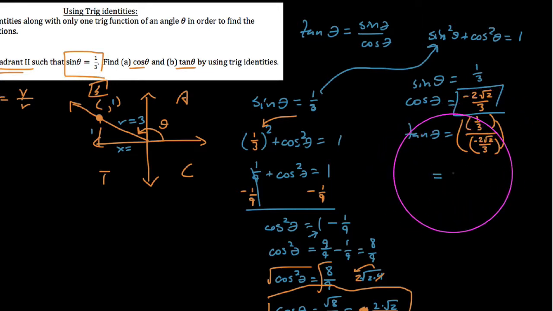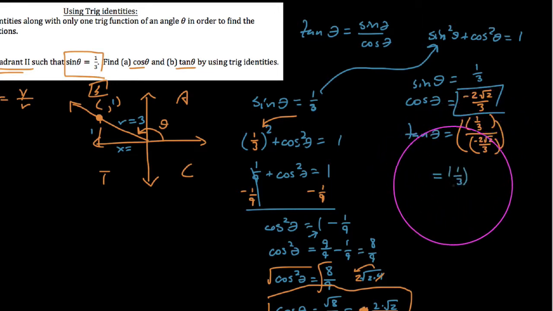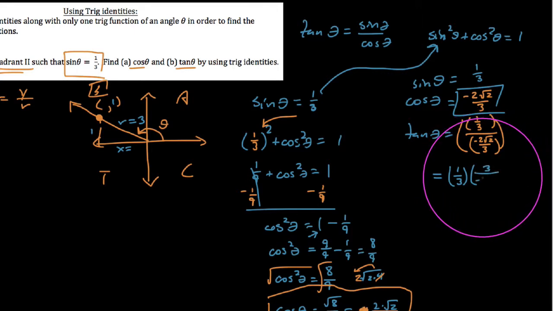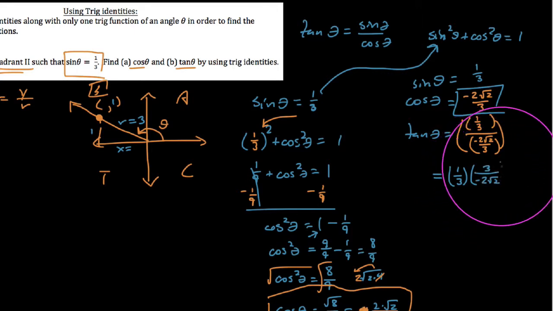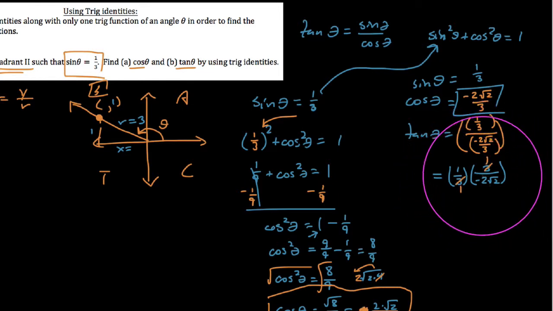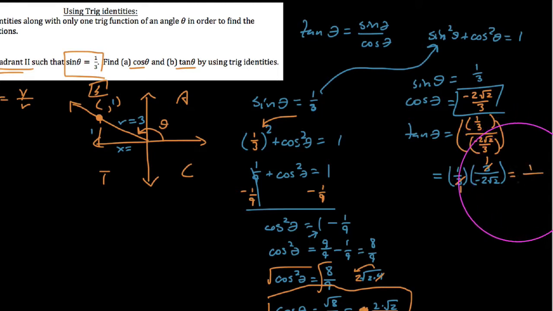And when we're dealing with fractions, recall that we need to multiply by the reciprocal when you divide. So we're going to be multiplying by 3 over negative 2 root 2, in which the 3's share a common factor, so we get 1 over 1, 1 and 1. So we get 1 over negative 2 root 2, which we need to rationalize.